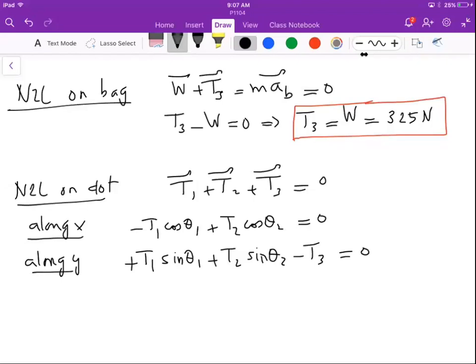So we end up with a set of two equations. This is equation number 1 and this is equation number 2. We are going to eliminate one of the tensions in both equations, either T1 or T2. Let's eliminate T2. From equation 1 we can deduce that T2 is equal to T1 cosine theta 1 divided by cosine theta 2, and then we implement this into equation number 2.